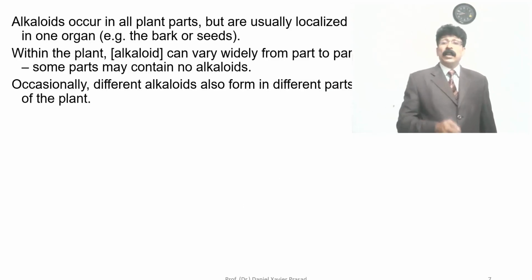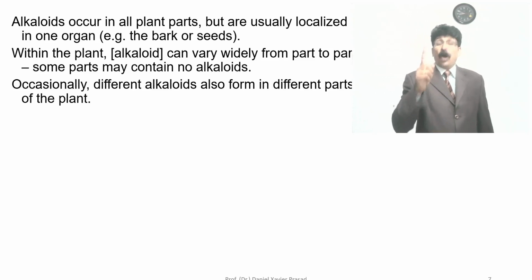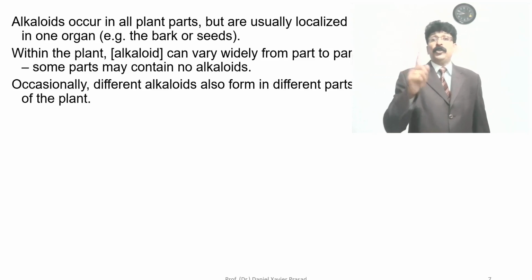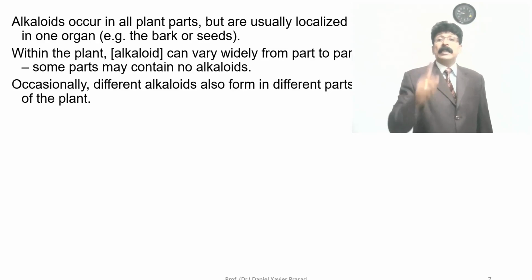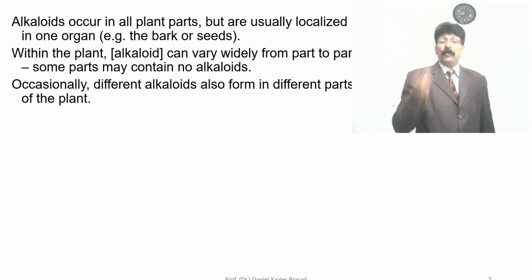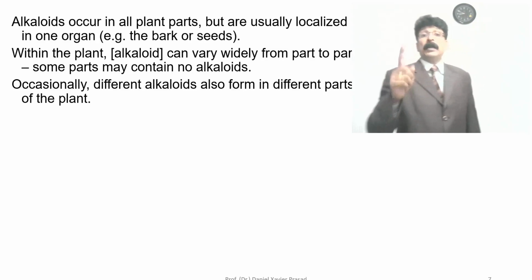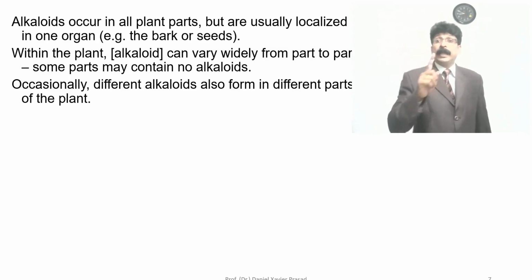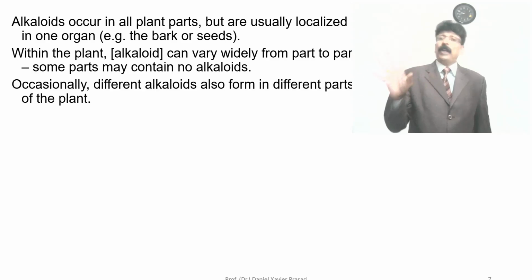Alkaloids occur in all parts of plants. Which part? All parts in some plants, but usually they are localized in the bark or seeds in some plants, and other parts may not contain them, only particular parts in some plants.